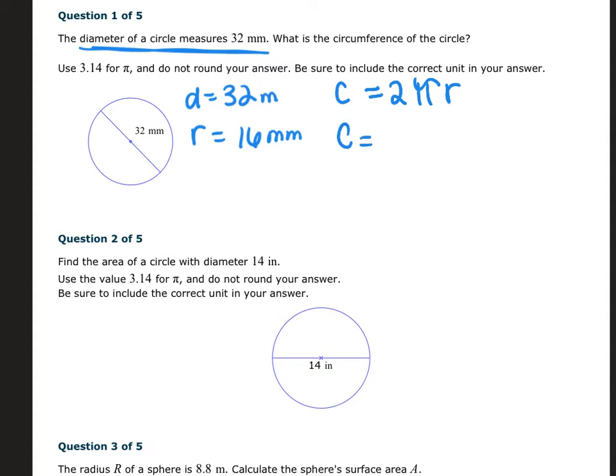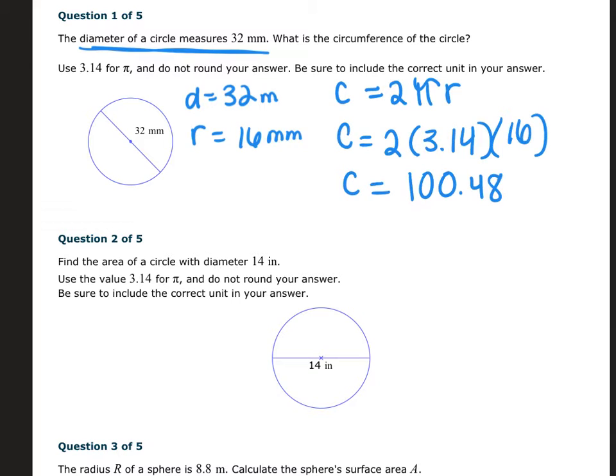So then we'll plug in what we know, 2 times 3.14 times 16. I'm going to type all of that in my calculator, and I get 100.48. It says use 3.14 for pi and do not round your answer, so I'll keep 100.48.